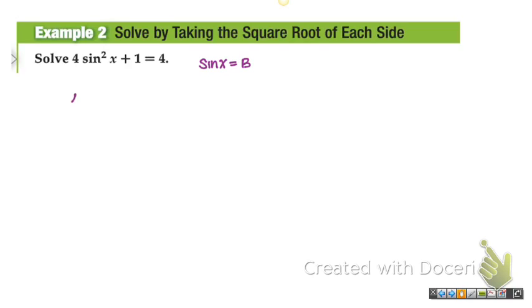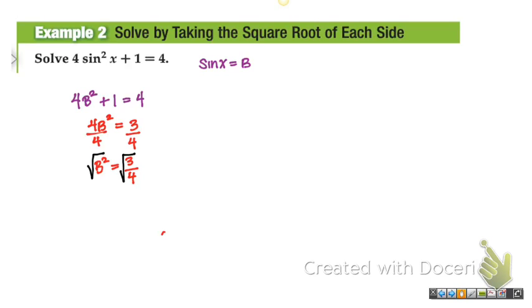And then you could write this as 4b squared plus 1 equals 4. If I'm going to solve this for b, I'm going to subtract 1 from both sides. 4b squared equals 3. Divide both sides by 4. b squared equals 3/4. And then lastly, take the square root.